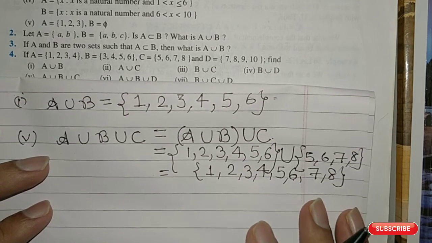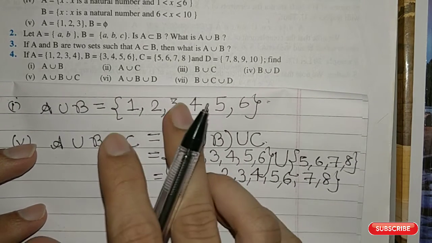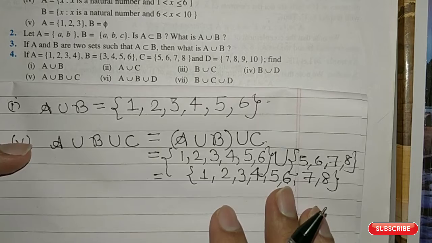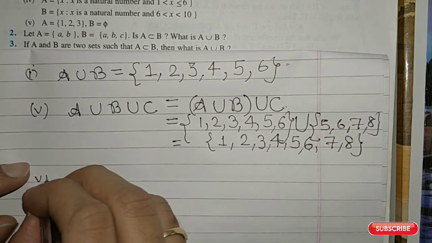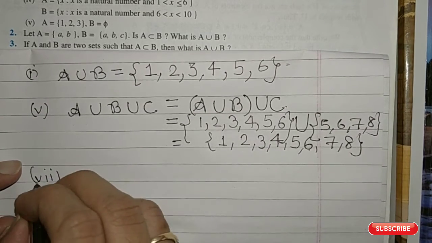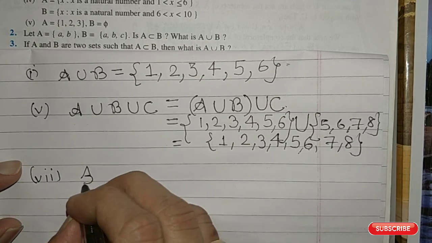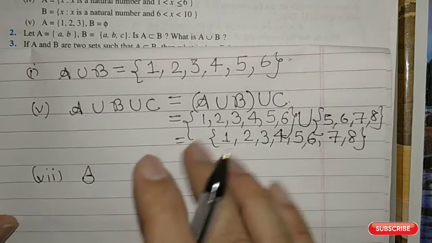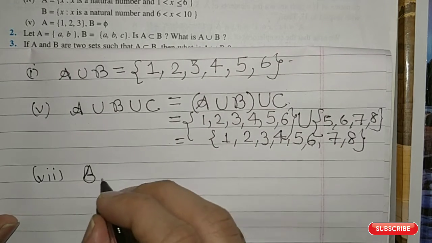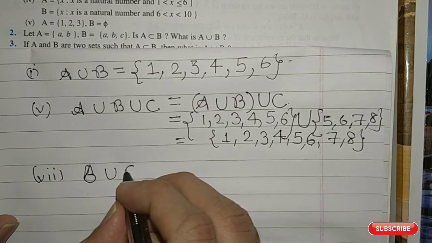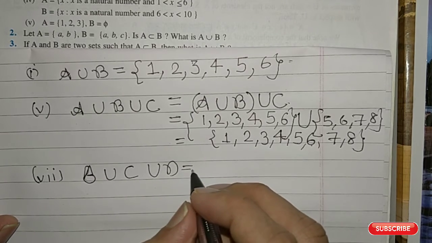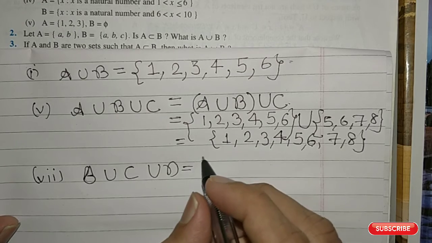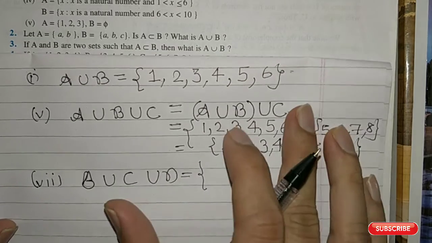Okay. Now let us go to the seventh problem. So what is the seventh problem? In the seventh problem you have to find B union C union D. Now B union C will be what?